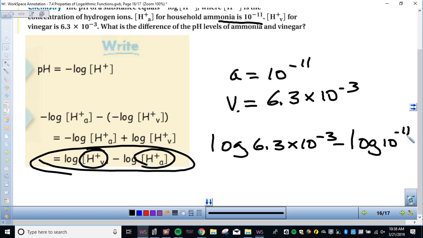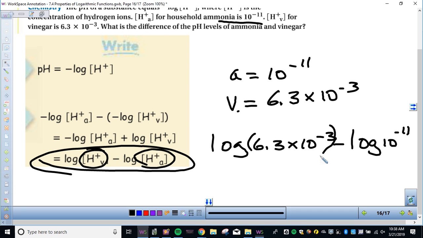Okay, and we're not just plugging in, we got to solve this thing and arrive at a final numeric answer. Okay? So this is scientific notation, right? That's multiplication, so I separate it with addition. Multiplication and addition go together.